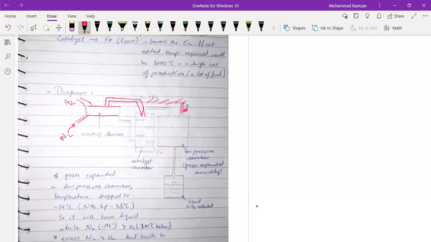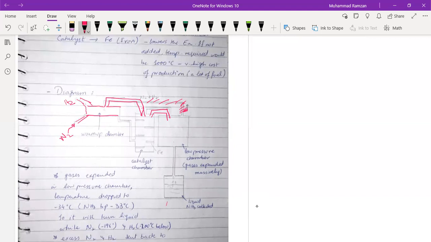In this low pressure chamber, an expansion occurs, and due to the expansion there is a cooling effect, and ammonia is changed into liquid and drops down.